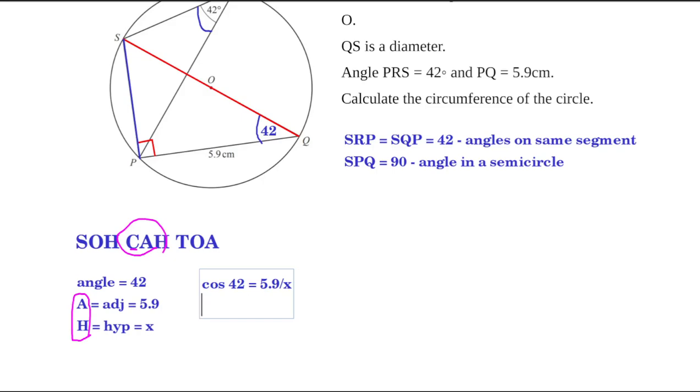If you multiply by x on both sides, you get x cos 42 is equal to 5.9. Divide both sides by cos 42, and you get that x is equal to 5.9 over cos 42.